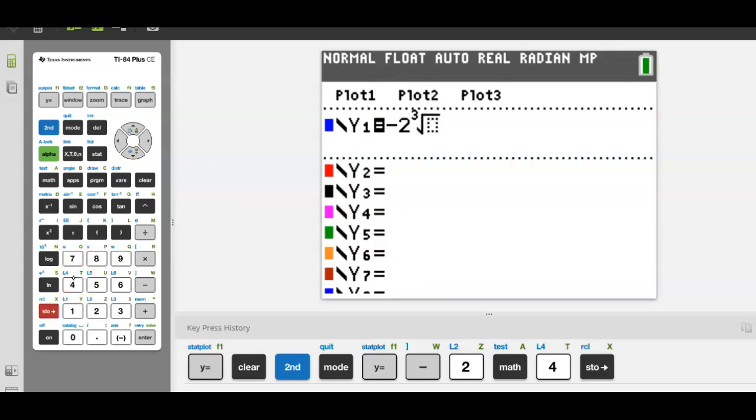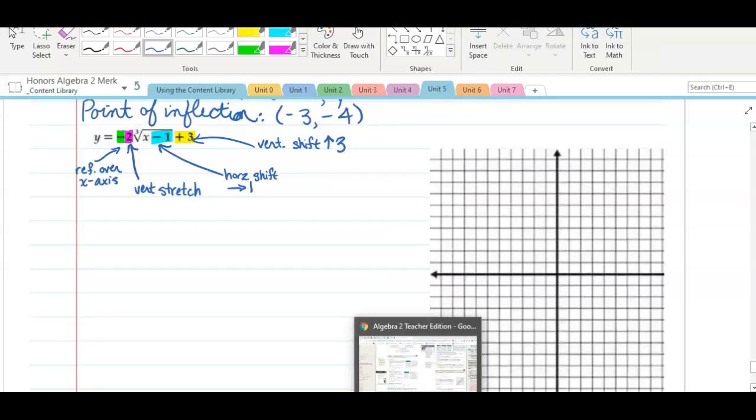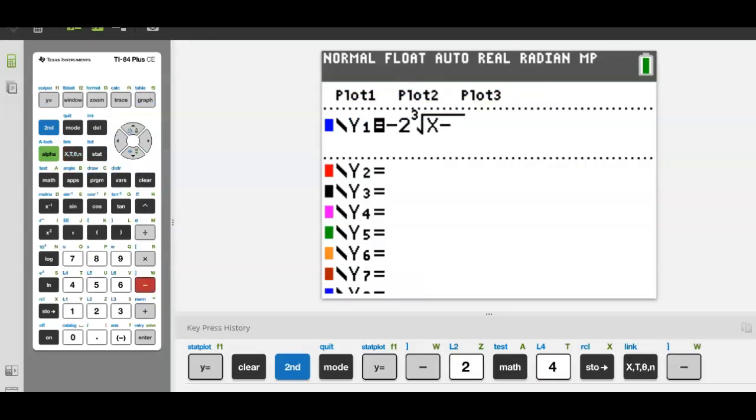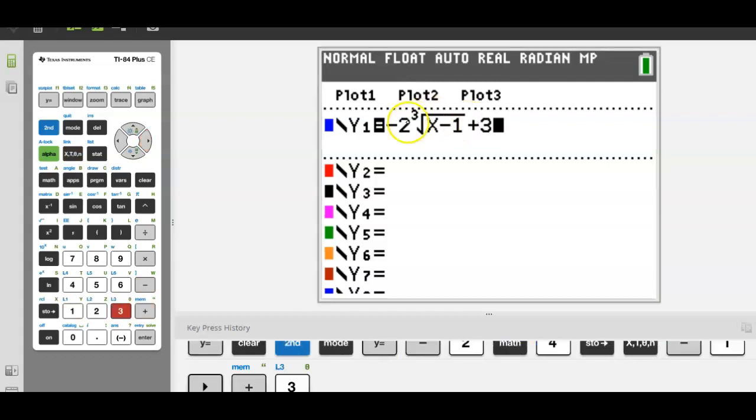Cube root of x, I want to make sure I type it correctly, minus 1 plus 3. Minus 1, then I press the right arrow to get out of the radical, plus 3. What you type here must look exactly like what is on your paper or the given problem.